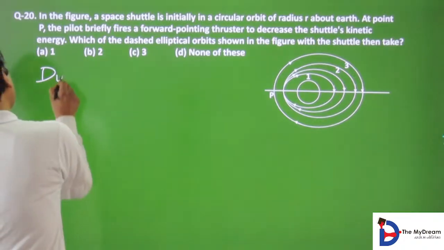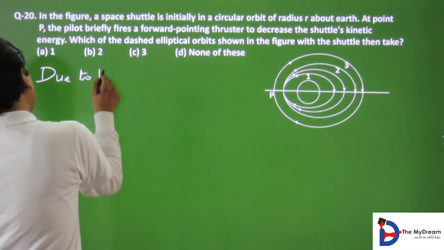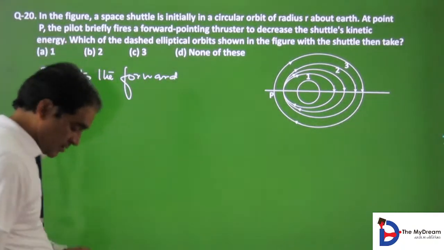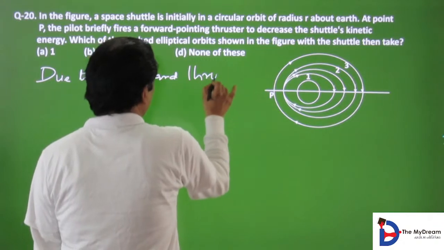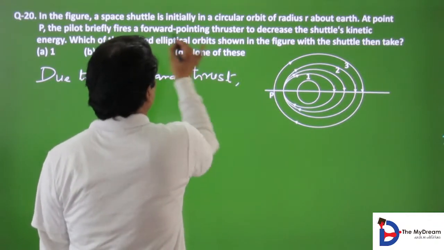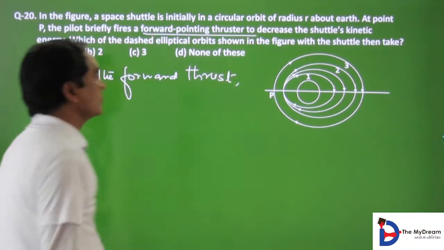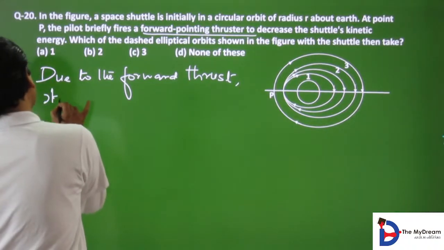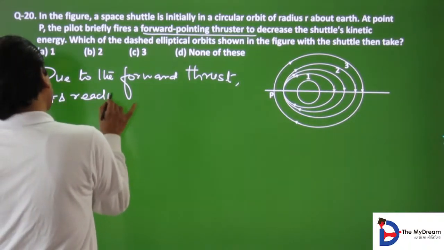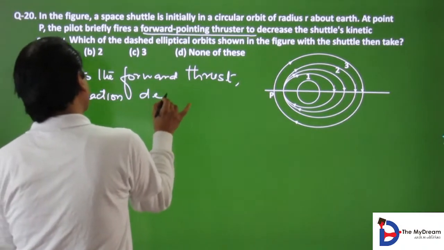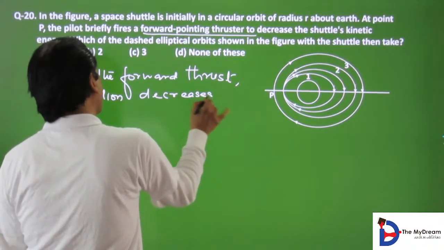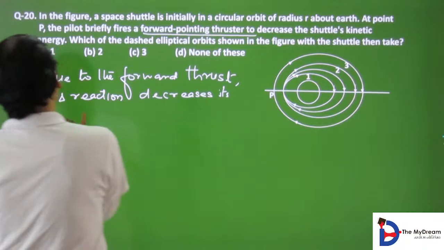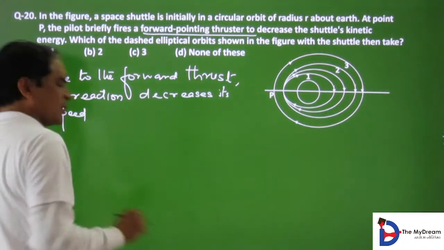Due to the forward thrust, its reaction decreases its speed, because mass तो vary करता नहीं है.